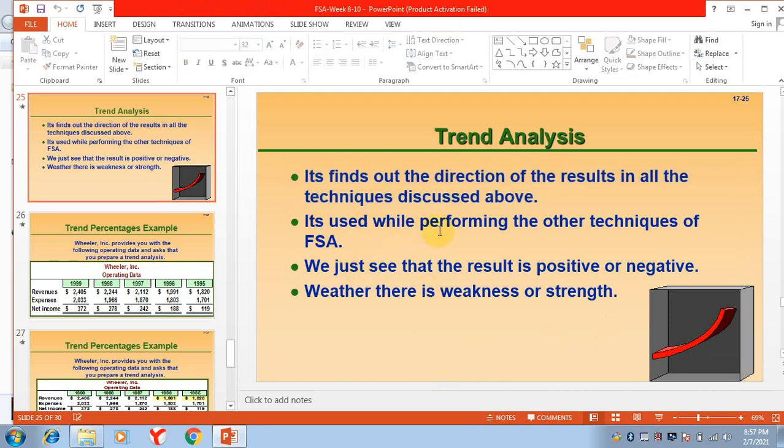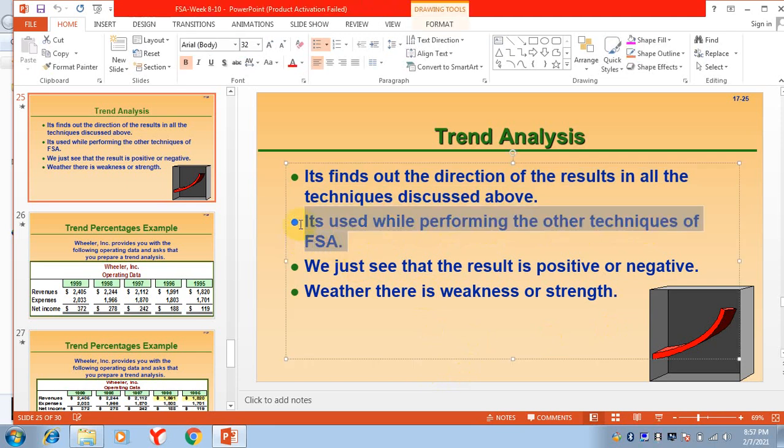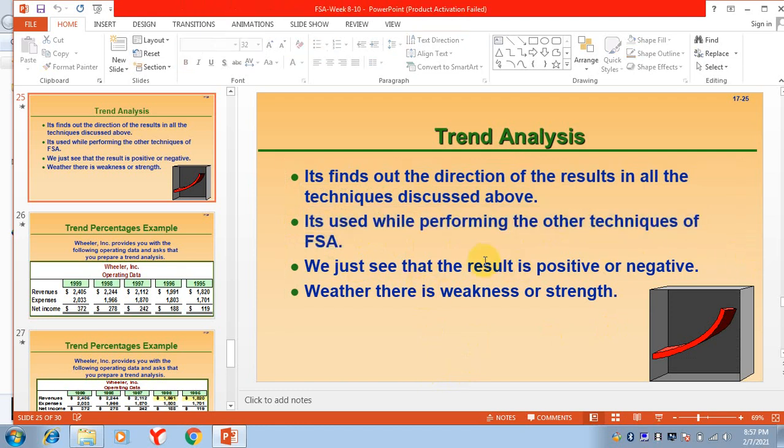It is used while performing the other techniques of financial statement analysis. We just see whether the result is positive or negative, nothing else.